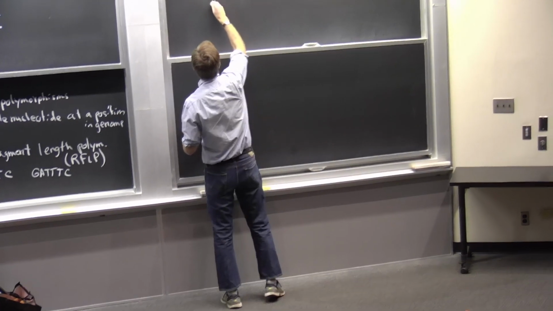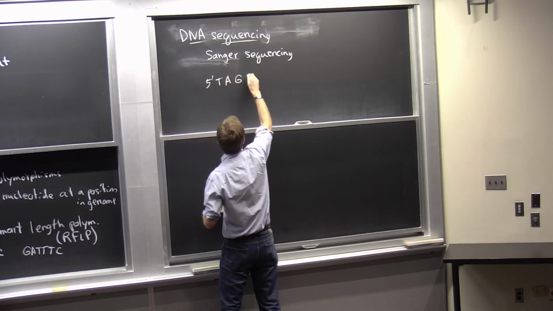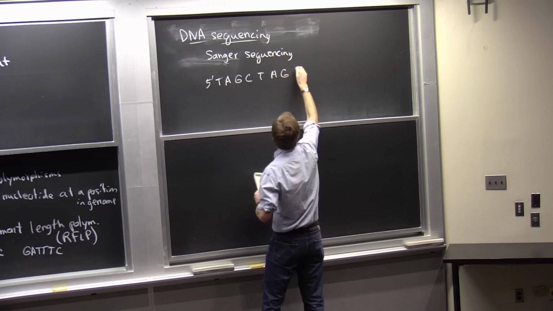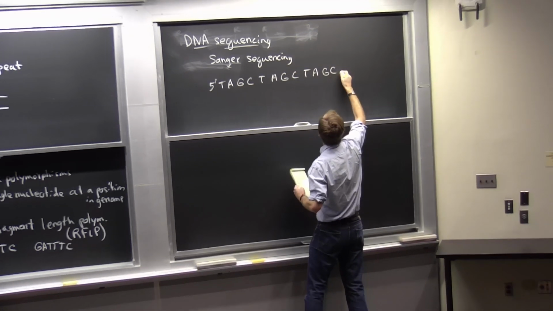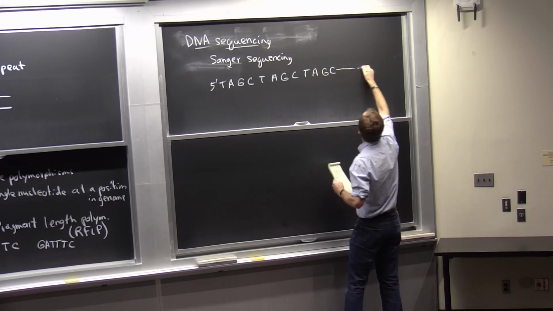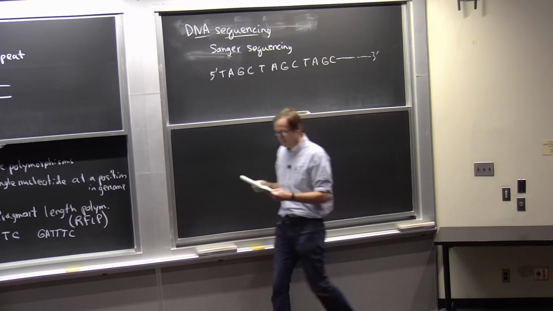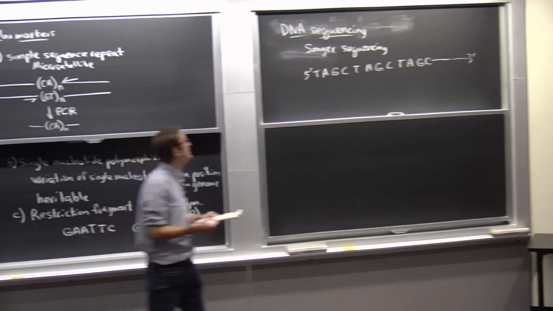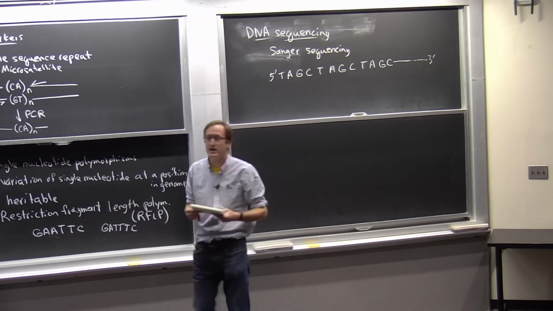So let's take a sequence that's really simple. This is very, very simple, right? So, and then more sequence here. So let's say we want to determine the nucleotide that's at every position of this DNA fragment, okay?